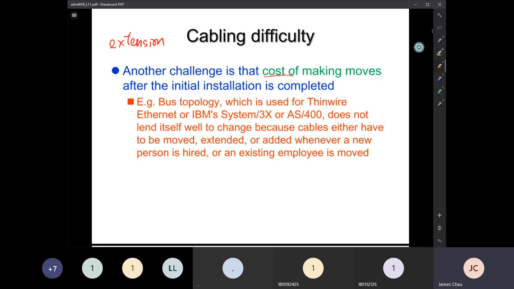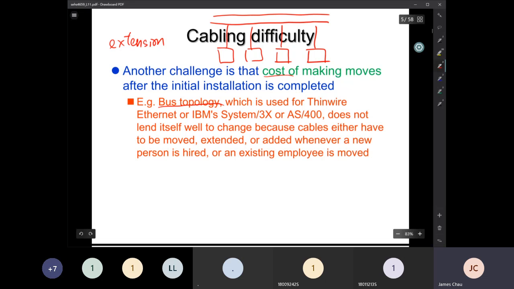For example, if you are using the bus topology, bus topology means that you have some computers or systems connecting to a bus, which can transmit the data.